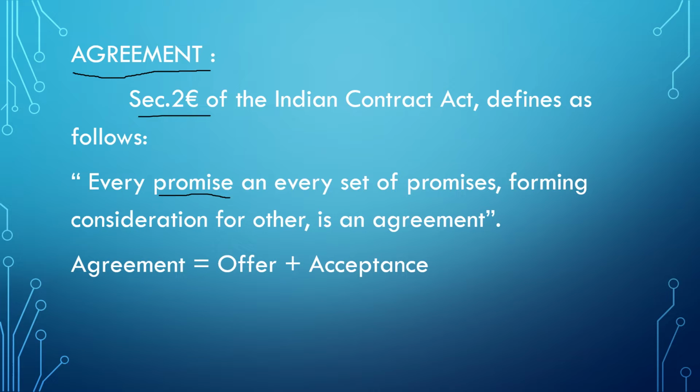Counter promise means, for example, if A is offering a car for 50,000, and a person B accepts and agrees to pay 50,000 rupees for that particular car, that will be called a counter promise.